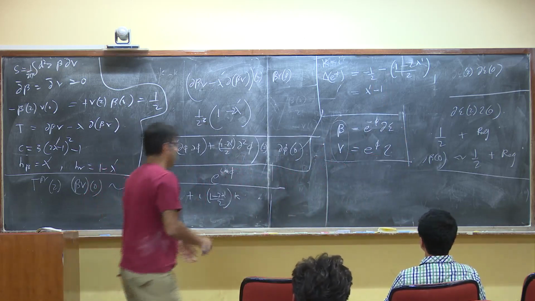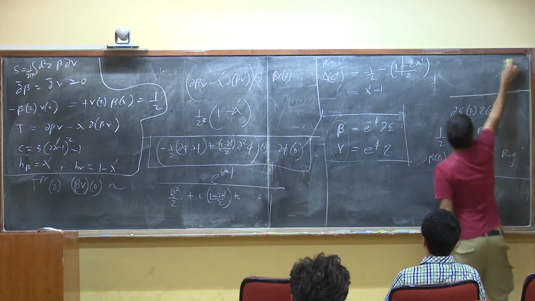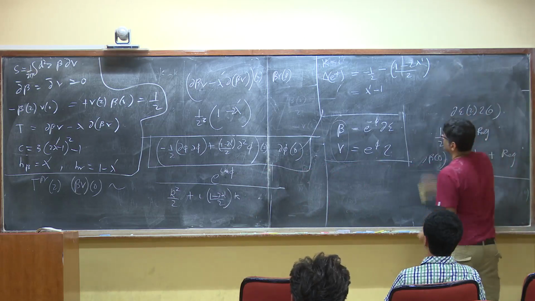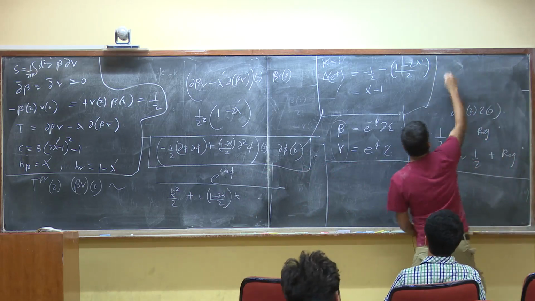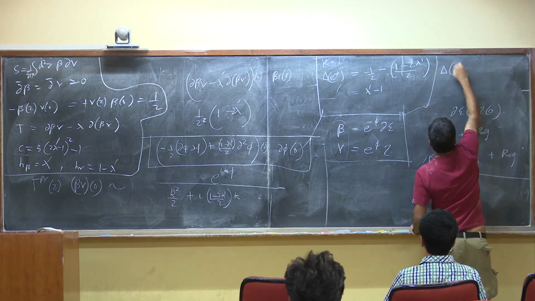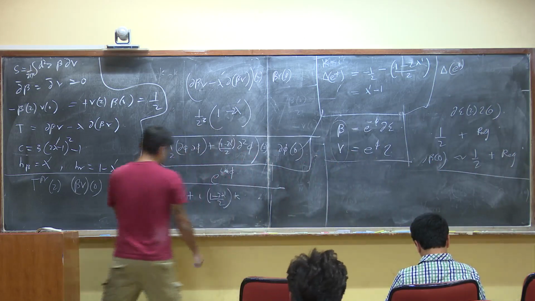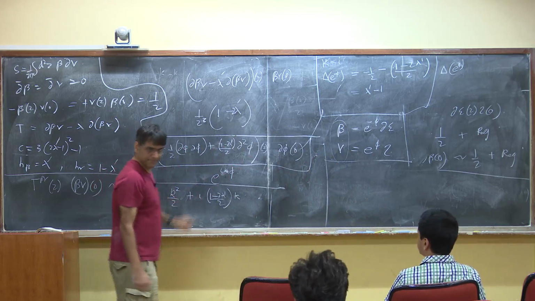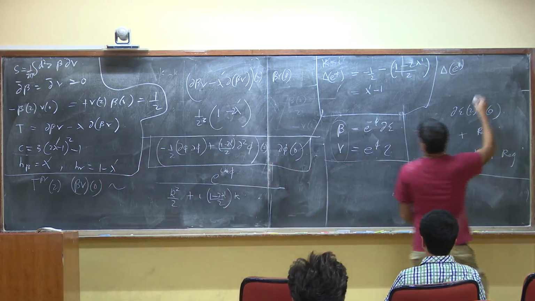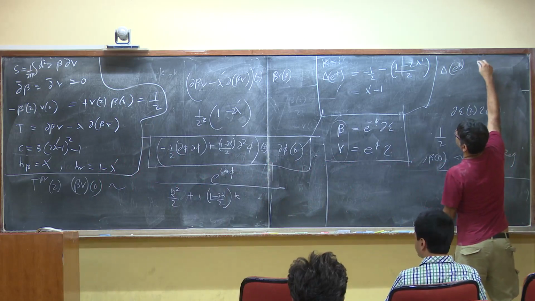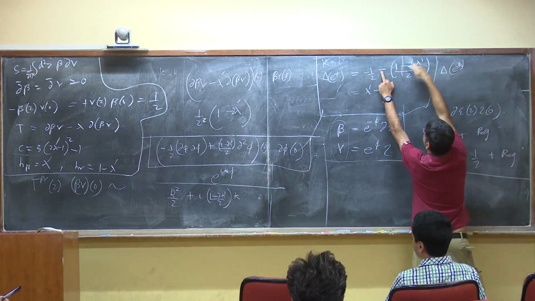Okay, let us also calculate the dimension of e to the power phi. This stays the same, that's minus half, but this switches sign. So it will be plus minus.